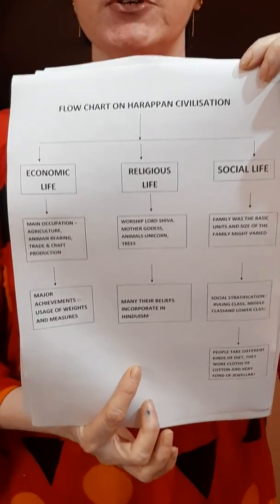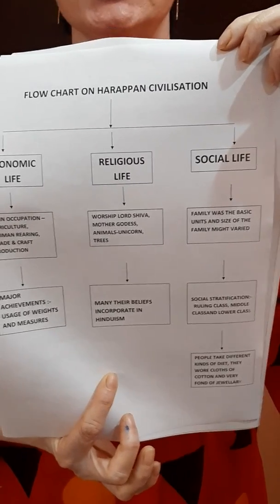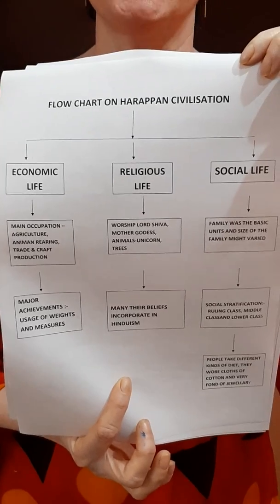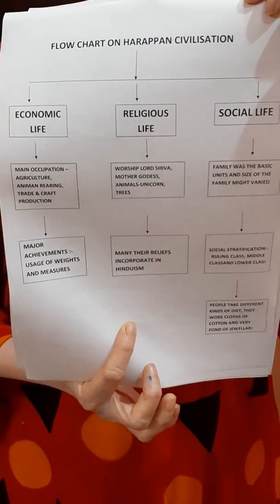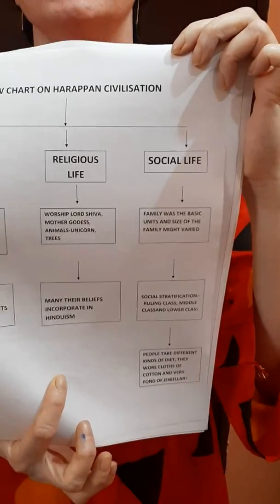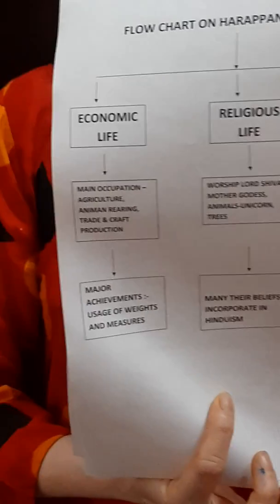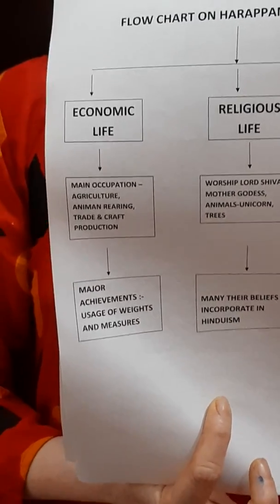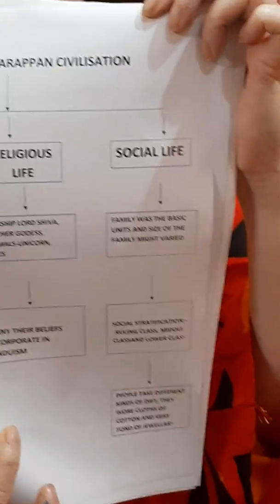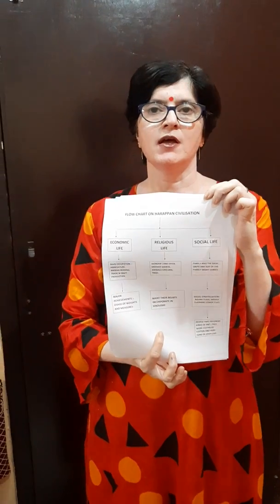This flow chart shows all the important features of this civilization, so that you can go through it easily and memorize easily, because it is very difficult. You cannot put your queries to me one on one, so it is very difficult. So through these things you can come to know the various things, and go through the chapter which I've sent you. That is very important, because the sources are there. They will provide you extra information and all that.